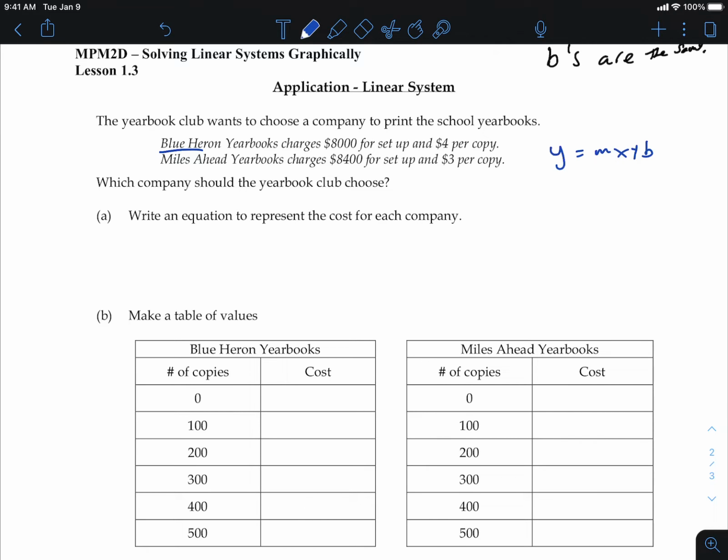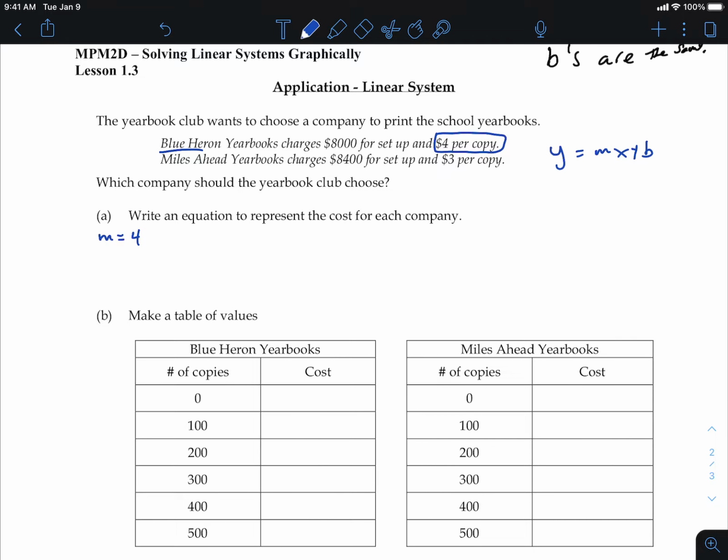When I see the word per, that's a rate, right? So it's a rate of change. So when I see the word per, whatever number is in front of the per goes with the slope.